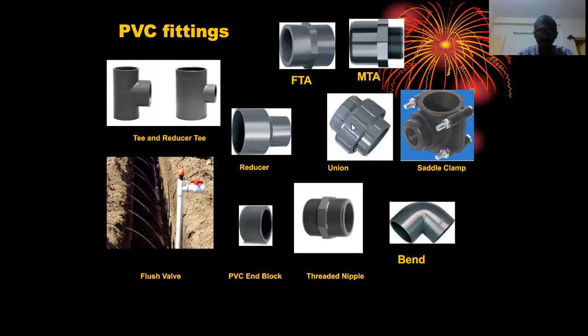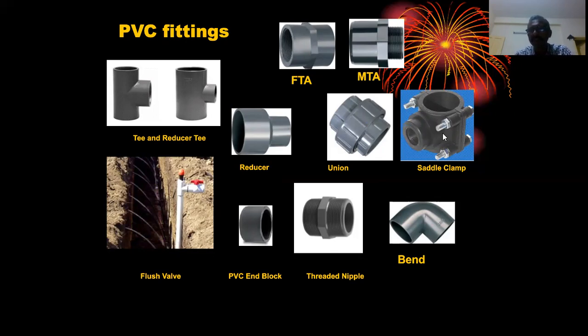Wherever we feel some kinds of repair works are to be done, wherever the pipe is looped, this kind of union connection is essential. I will explain the use of union in the next slide with an example, so that you will be able to understand it better.